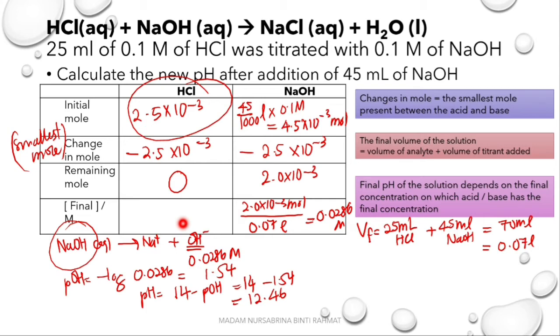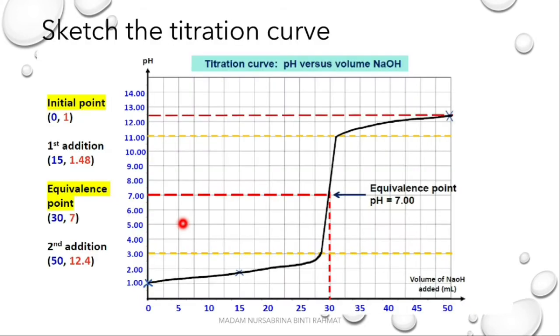Okay, you're going to use this information to sketch the titration curve, which looks like this. We start with the initial pH of my analyte, which is our strong acid, which is 1. Then it's going to have a sharp increase, which is our pH jump here, from 3 to 11. Then the pH at the equivalence point is 7, and it shouldn't be 20 here, it should be 25 milliliters of NaOH that is required.